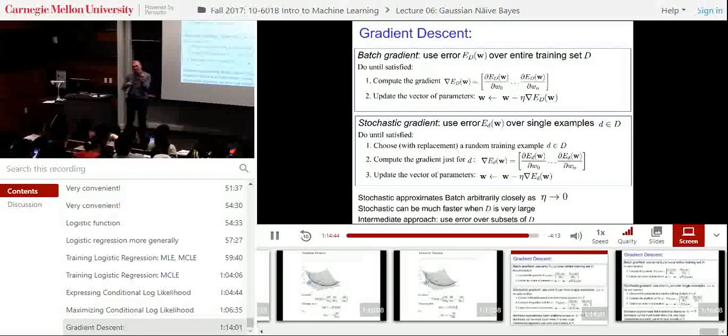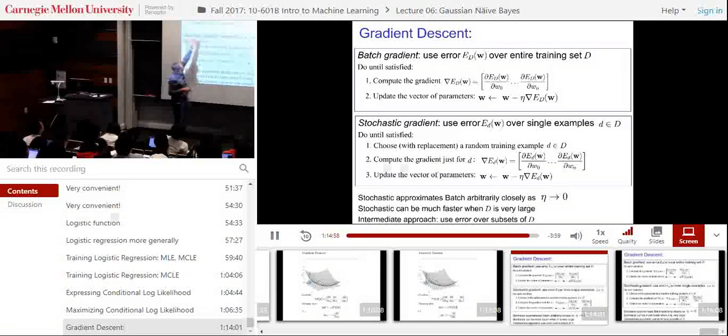We take a small step if we're careful because we don't want to miss the bottom of the hill. And then we go through that same process again. So that's called batch gradient. It's just compute the gradient, update the vector, repeat until you're happy, until you're at the bottom of the hill.